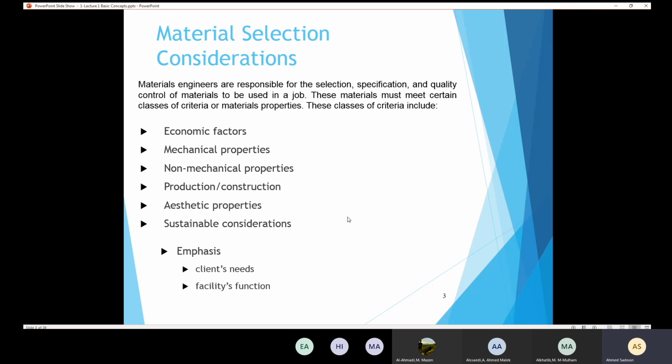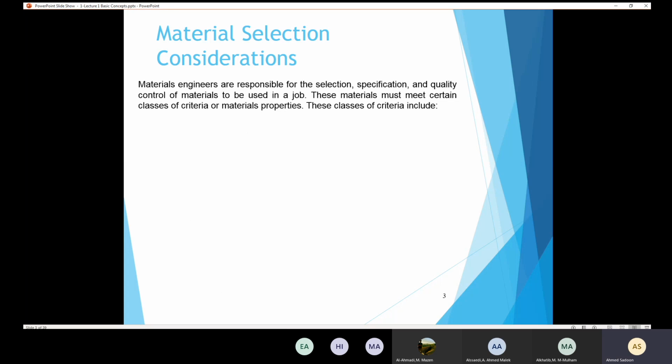For example, if you are going to construct a mall, you know that in the mall we need to have large spans. So in that case, maybe the steel is the most suitable choice. So I need to put emphasis on the client's needs and the facility's function. They are very important factors to help me select the material.